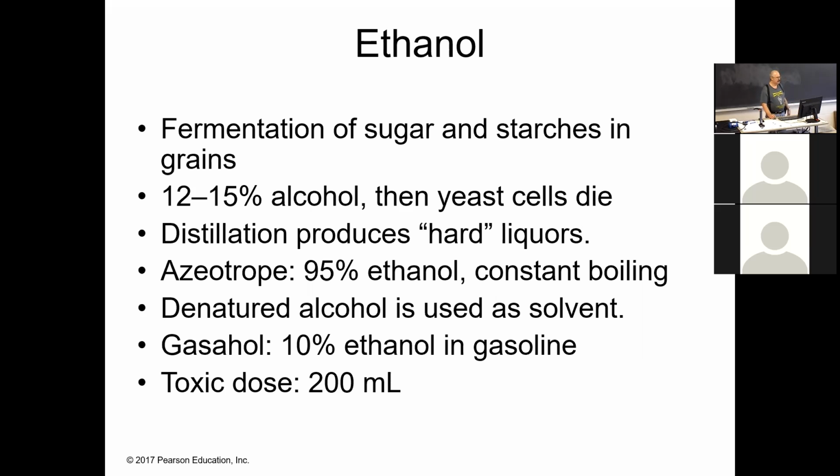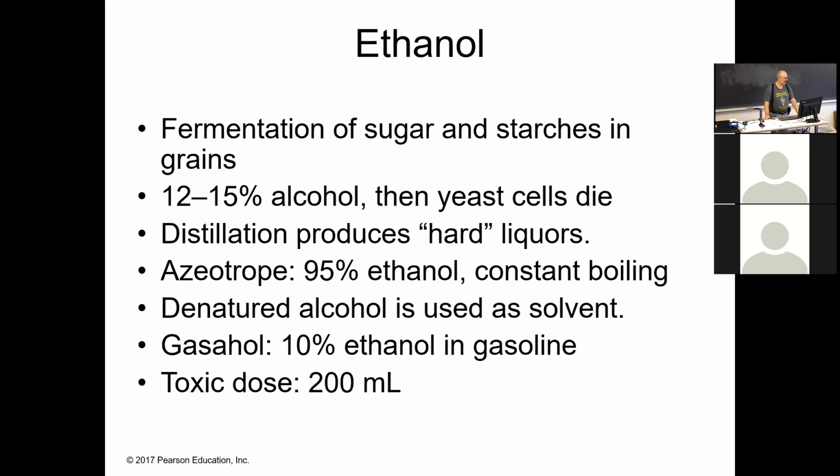Okay, so when sugar or starches are fermented using yeast, ethanol is one of the products. Once the fermentation achieves about 12 to 15% ethyl alcohol, the yeast cells will die, and then there's no more increase in the alcohol content.